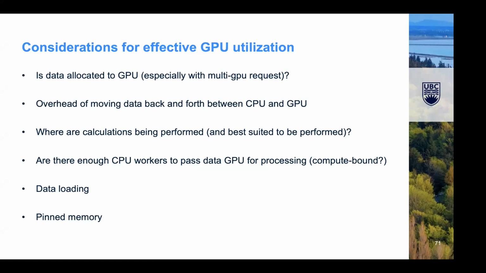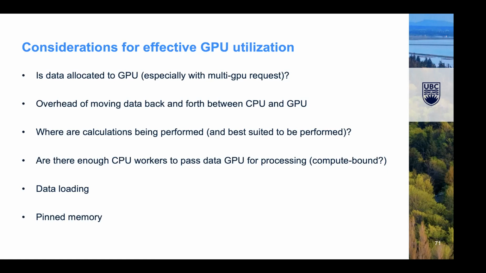The other thing is you need to consider what computations you're conducting on the CPU versus the GPU. As an example, if you're creating tensors with something like PyTorch, it may actually be more advantageous to create that tensor on the GPU rather than creating it with your CPU and then moving it over to your GPU, because there is going to be some latency in that transfer.